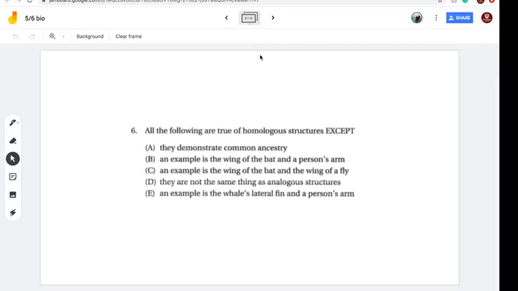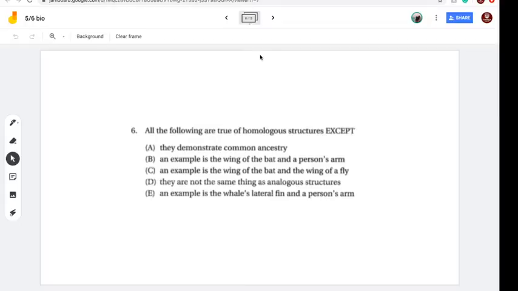I'll give you guys a couple of seconds to solve question number 6. It says all of the following are true of homologous structures except. Homologous structures are structures that have the same internal bone structure, but have different functions.